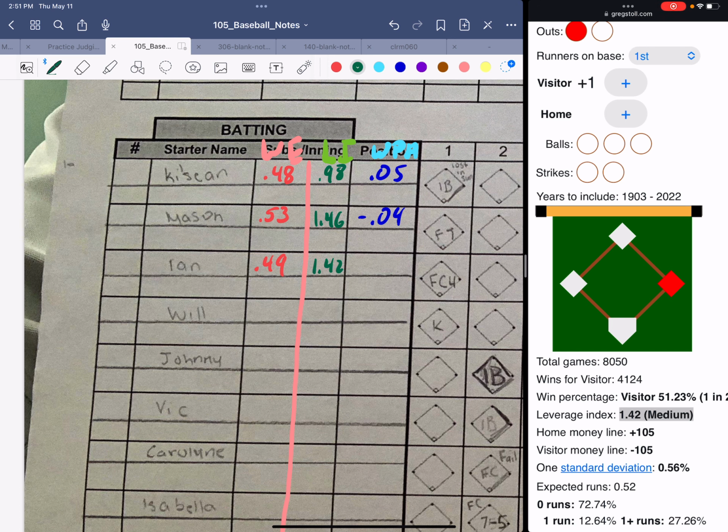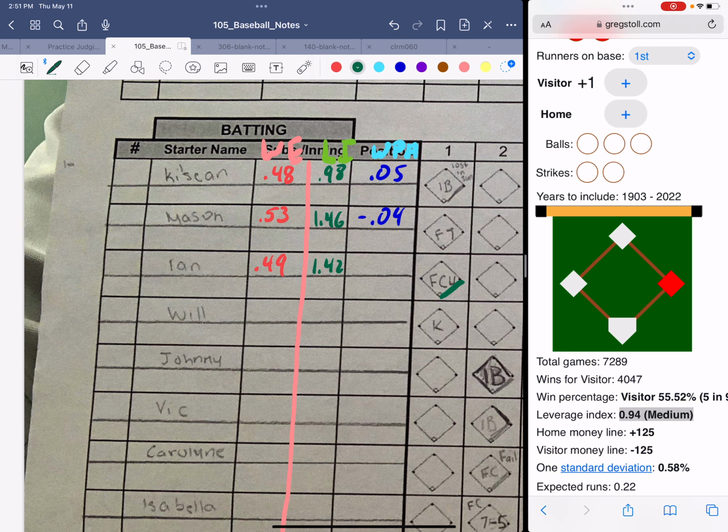And Ian grounded into a fielder's choice. Now, there was a little bit of confusion about this. I didn't score it quite as well as I could have. To be clear, Ian wound up going to first base, and Kaishan was out at second. So what we're going to do is create another out.